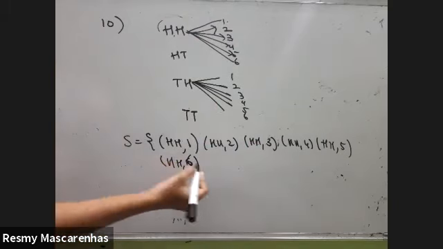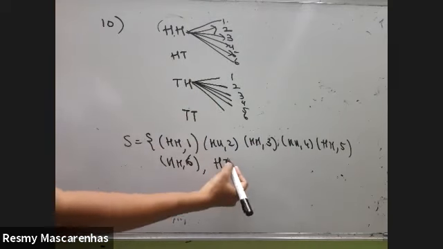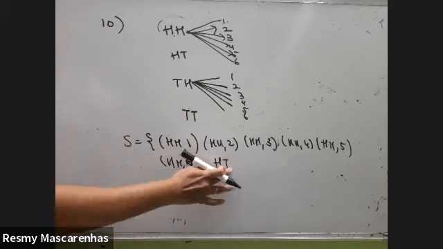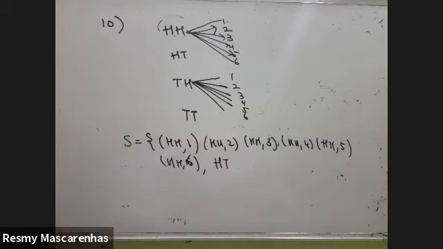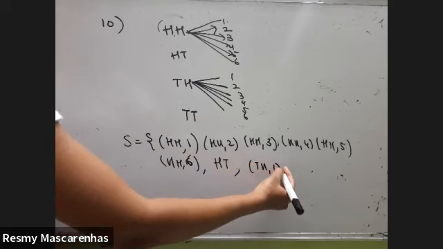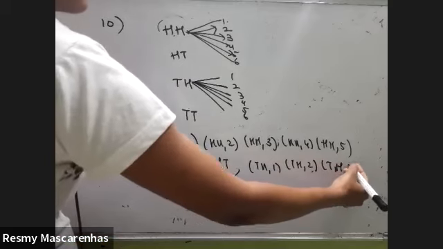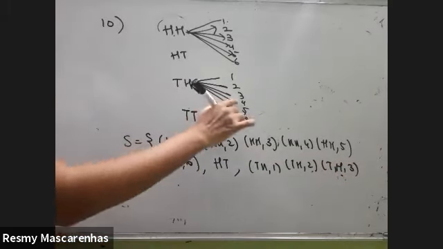Okay. Then you have to write this also. This you write single only because there's nothing to pair with the second experiment. So you can keep like this. Then comma, then tail head comma 4.